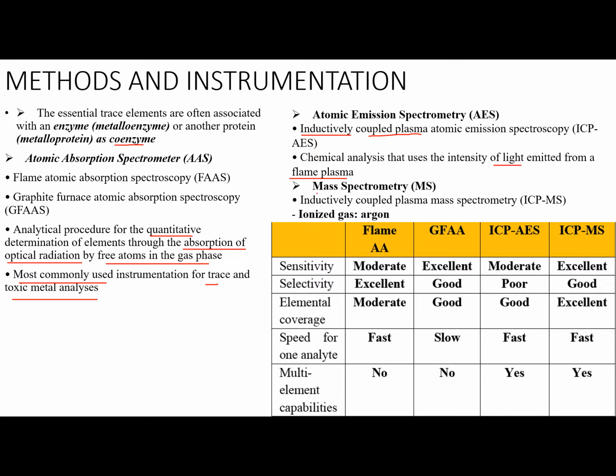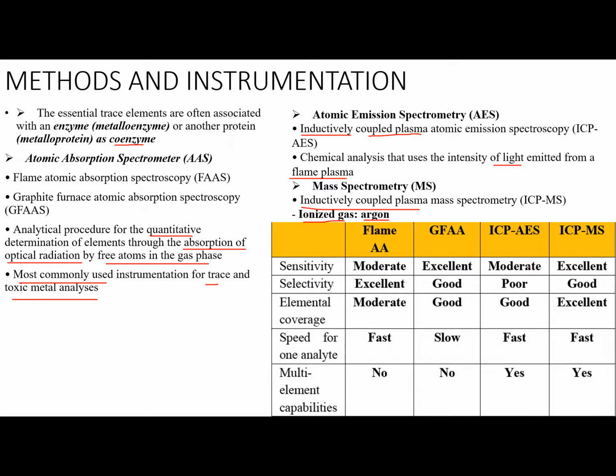Then we have the last one, the mass spectrometry. Now, under mass spectrometry, we have your ICP-MS, which also has the same meaning. ICP stands for inductively coupled plasma mass spectrometry. Then it uses the ionized gas argon.